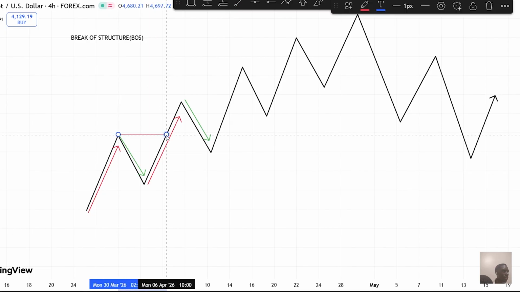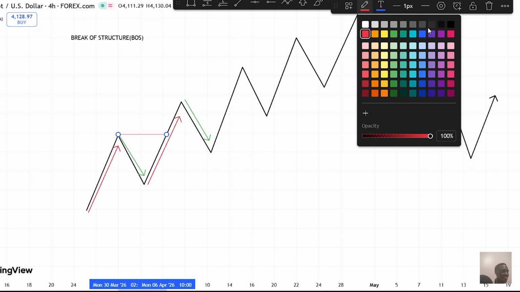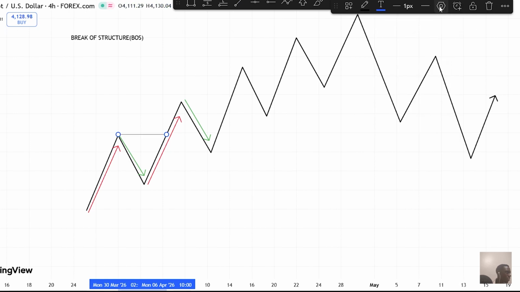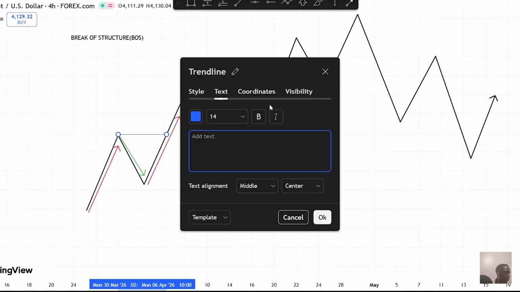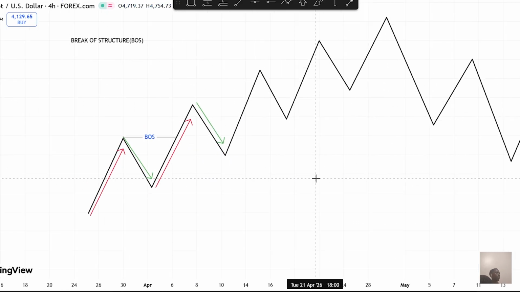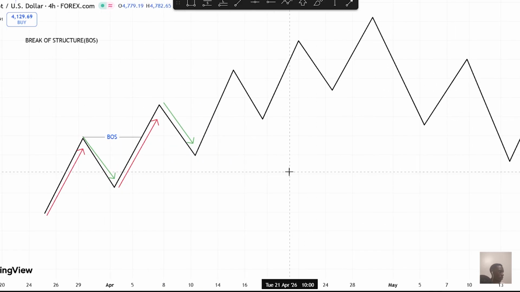It comes and breaks that level. So we consider this as a breakout structure, as you can see. Breakout structure, or BOS.